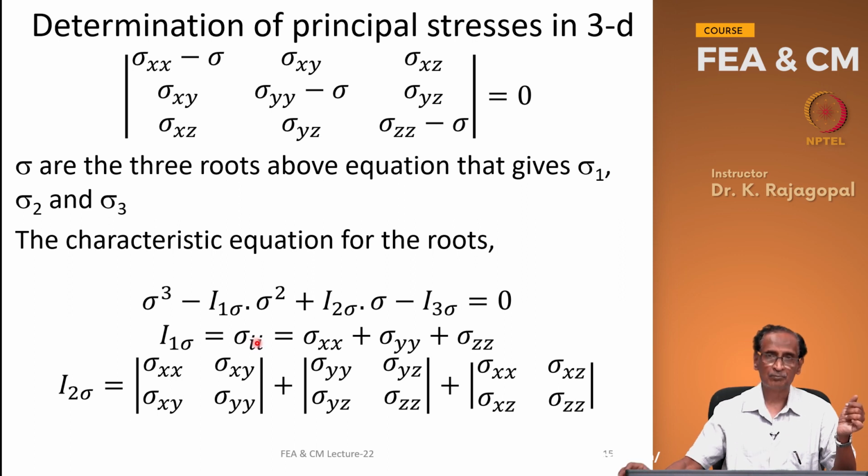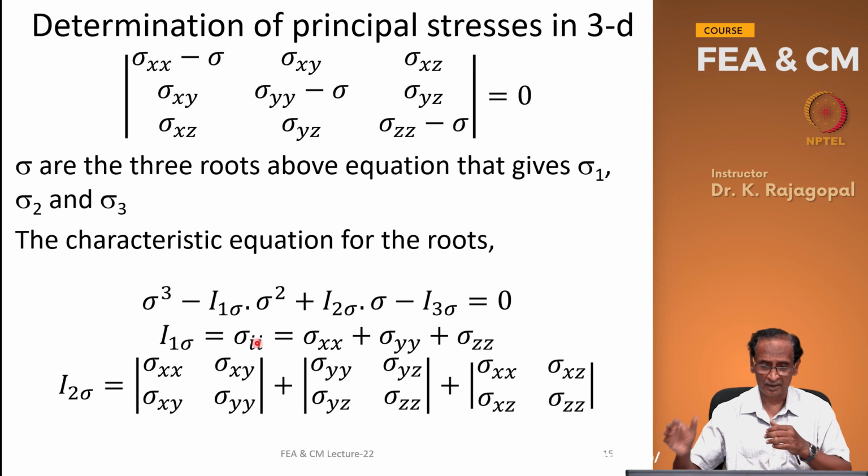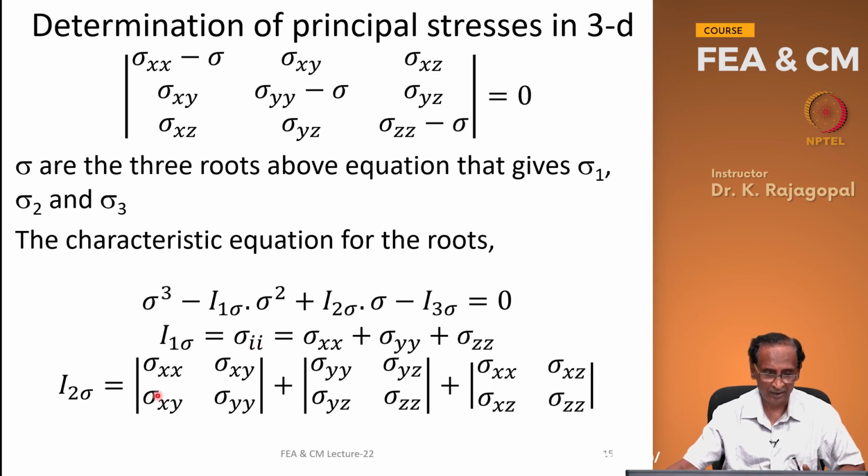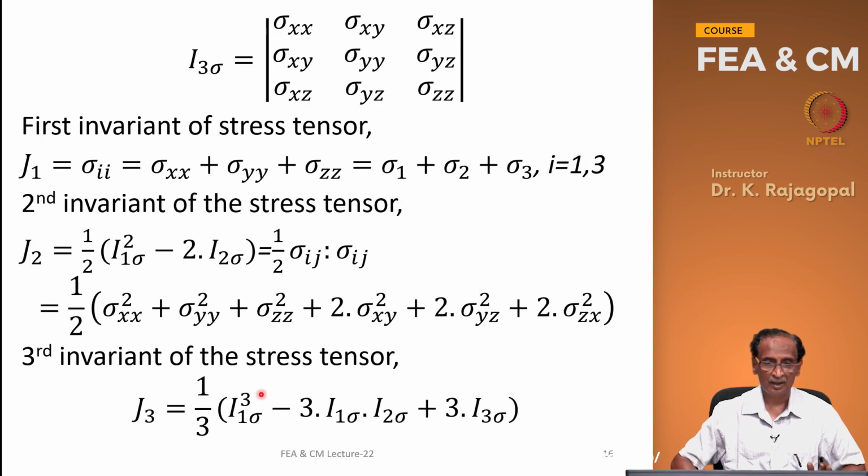Sigma ii basically means sigma xx plus sigma yy plus sigma zz. I2 sigma is the sum total of the determinants of the sub matrices, because we have 3 coordinates, so we have 3 determinants like this. Then I3 sigma is the determinant of our stress tensor.